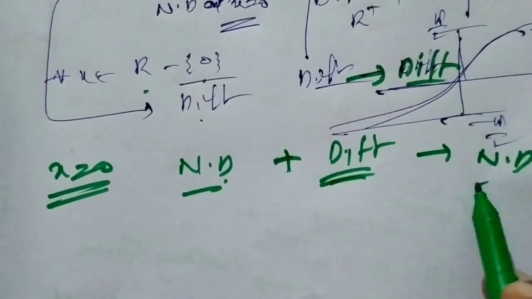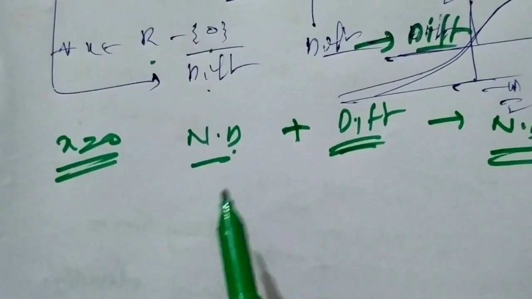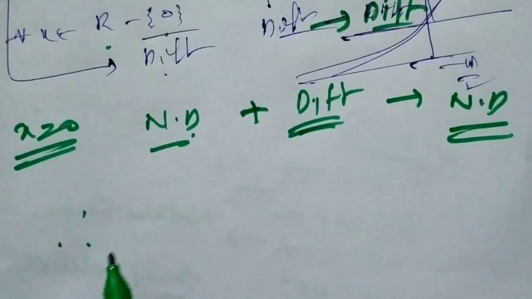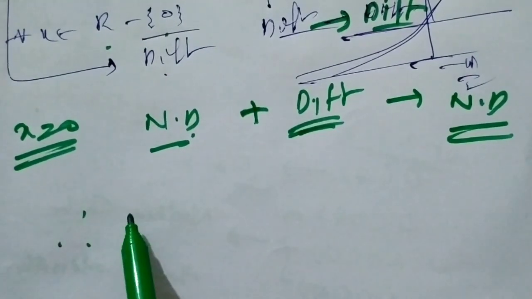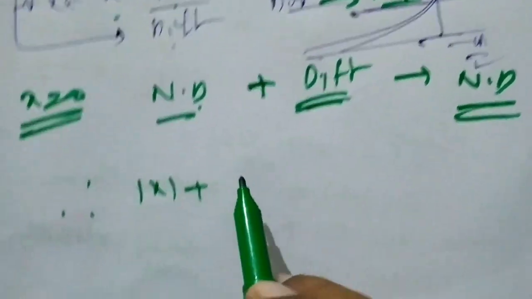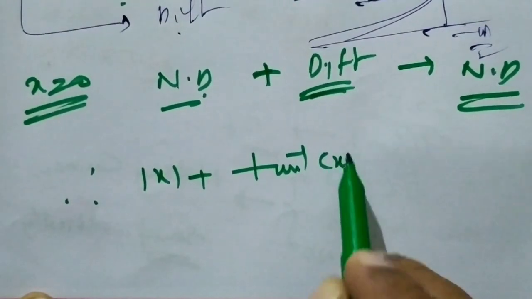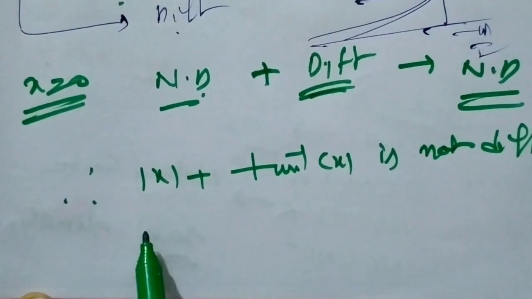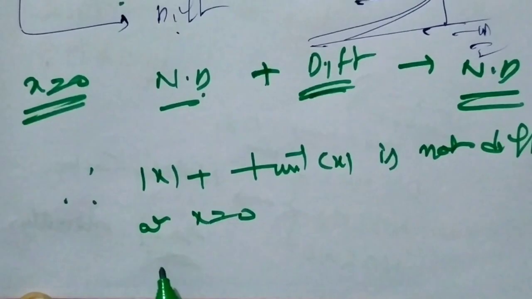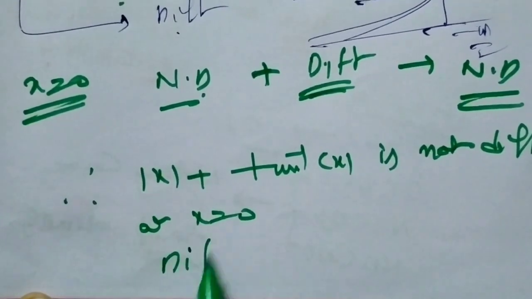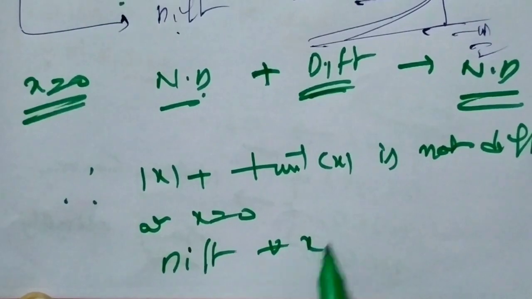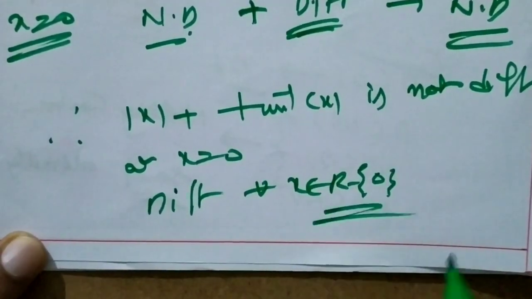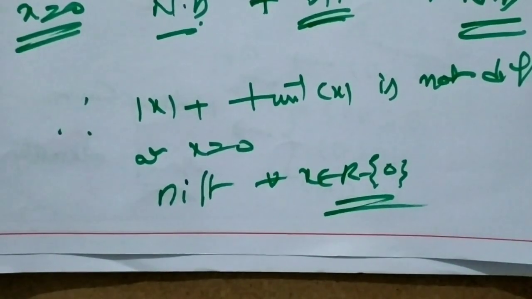So the non-differentiable function here is mod x plus tan inverse x. What can you conclude? Mod x plus tan inverse x is not differentiable at x is equal to 0, and it is differentiable for all x belongs to R minus 0. This is the required result.